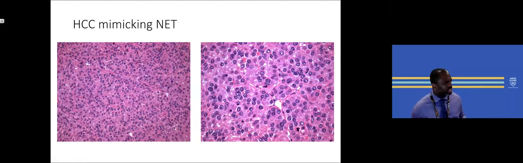So that's a differential that you need to be cognizant of, depending on what clinical information is available to you. You can see some mitotic figures here at low power, and again here. This is a rate of proliferation way too much for me to think of an adenoma, because in adenomas, you struggle to find mitoses.